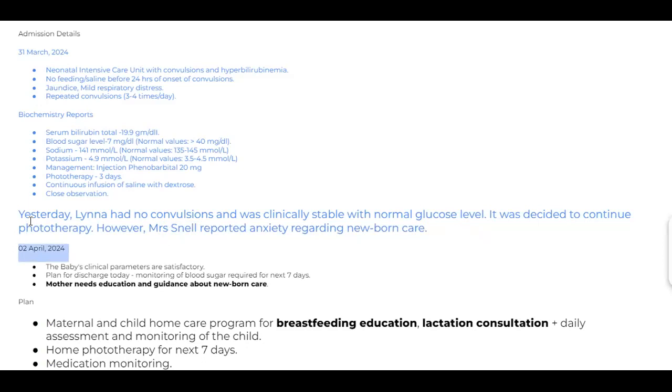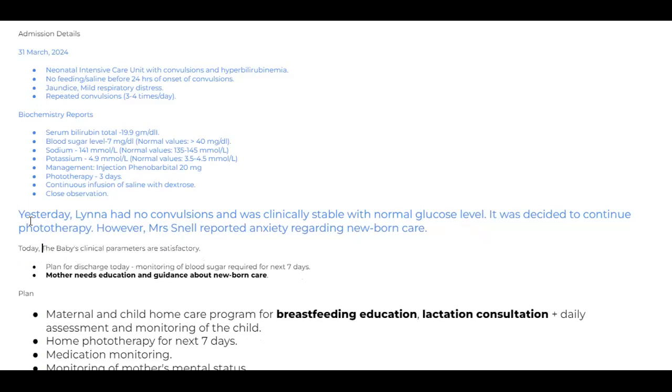the present area now. So today, baby's clinical parameters are okay. So now yesterday is over. Today, we don't have to repeat the date again. The babies, sorry. Now look at this, all of you.